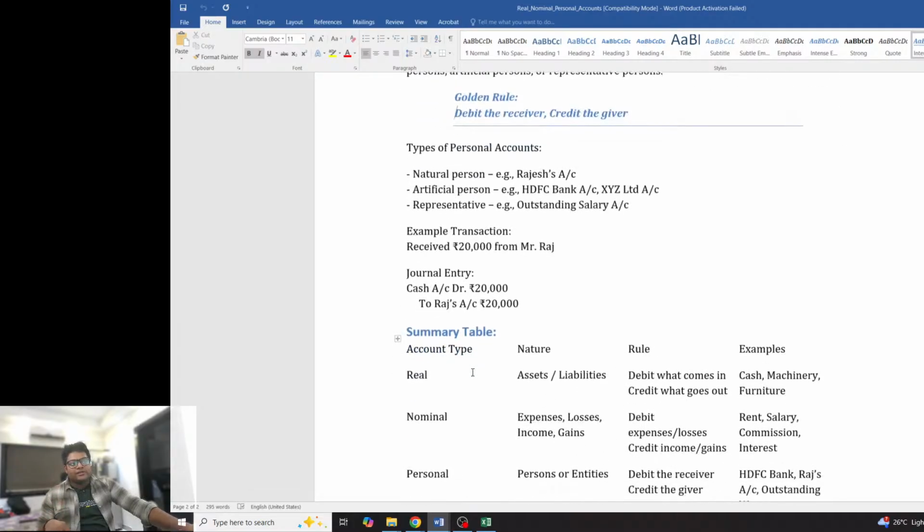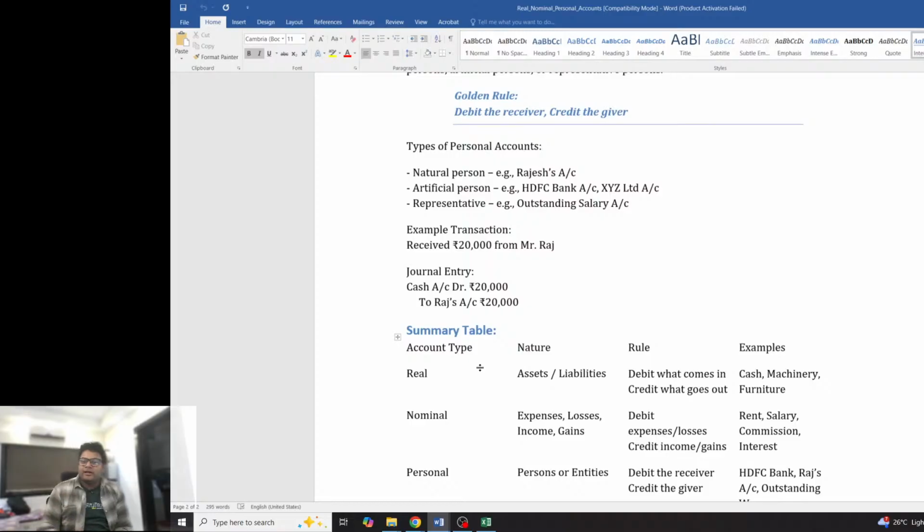Now, for example, you are saying that I have to pay Rajesh, my creditor, an amount of 20,000. Debit the receiver, credit the giver. So we are going to pay Rajesh 20,000 rupees. So 20,000 is being paid from which account? Cash account. Cash account is a real account.